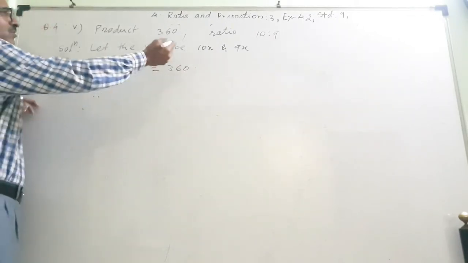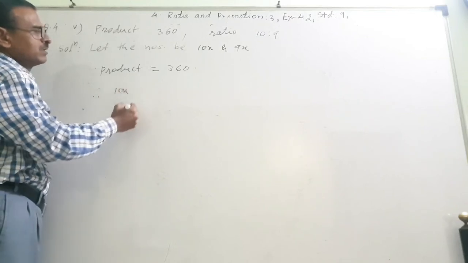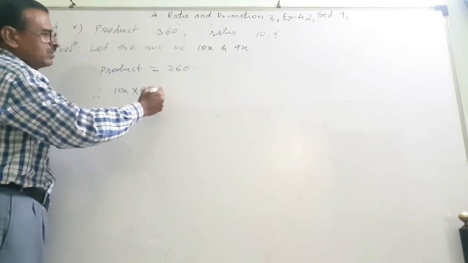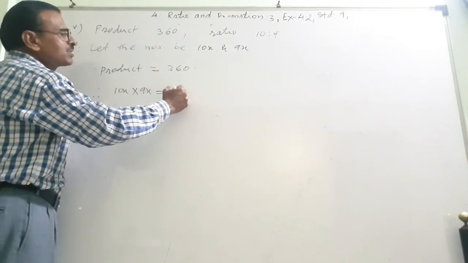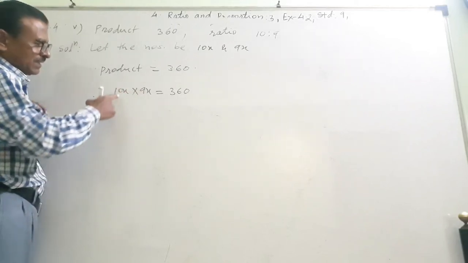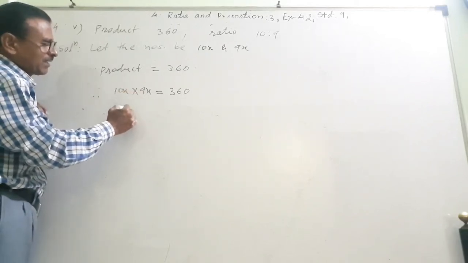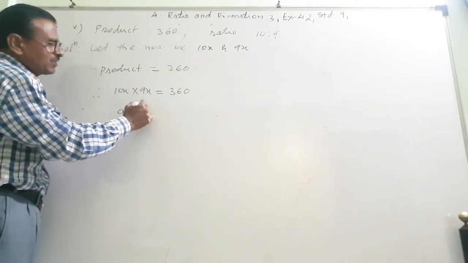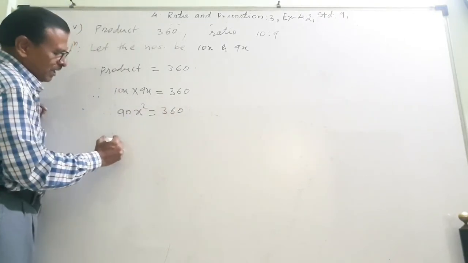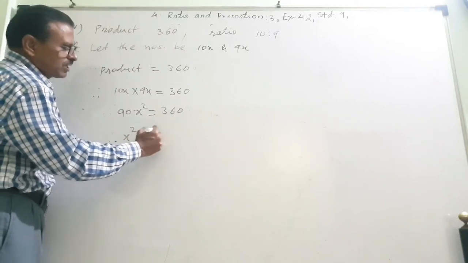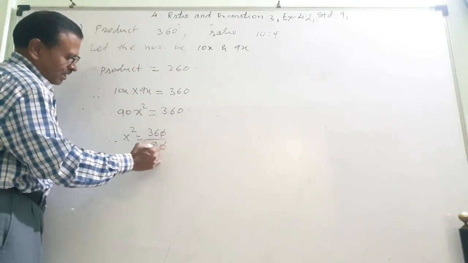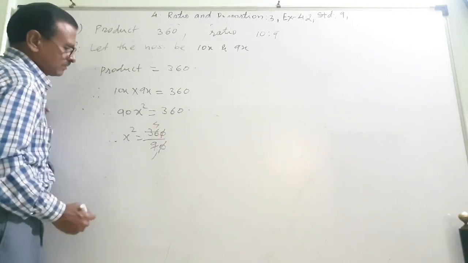Therefore, the product is 10x into 9x, equal to 360. Therefore, x into x, this 10 into 9 is 90. x into x is x square, is equal to 360. Therefore, x square is equal to 360 upon 90. This 0 cut, 9 4s are 36.